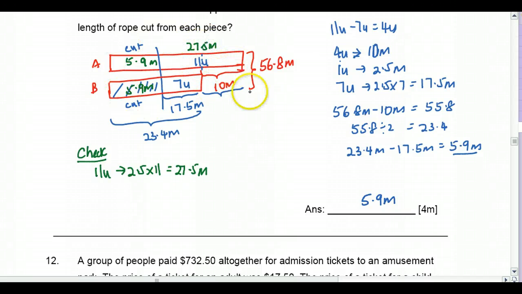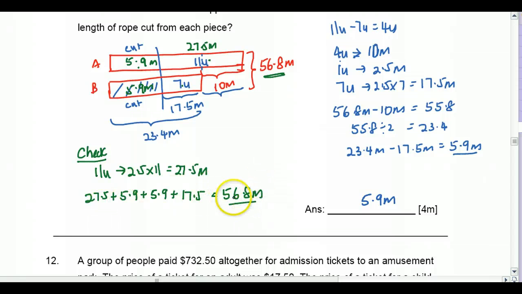If I add all this up, it's 27.5 plus 5.9 plus 5.9 plus 17.5, must give me 56.8 meters. So the minute I get 56.8, I know my answer is correct.